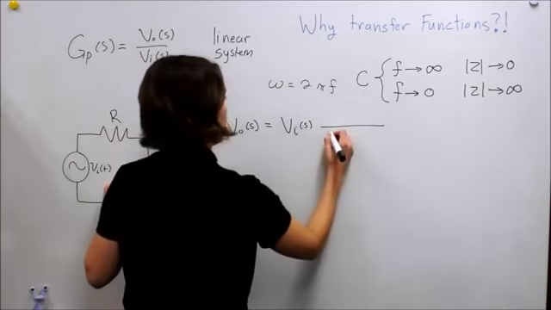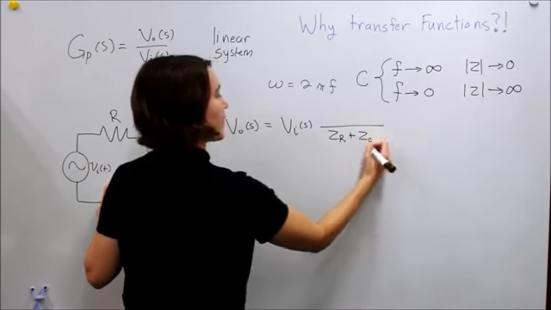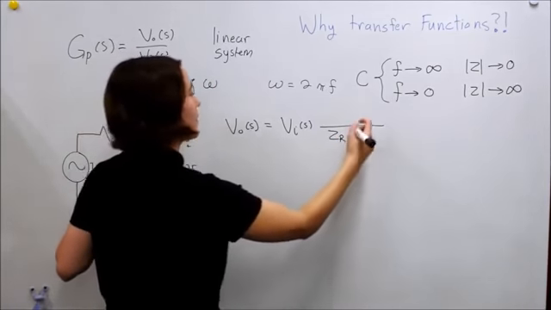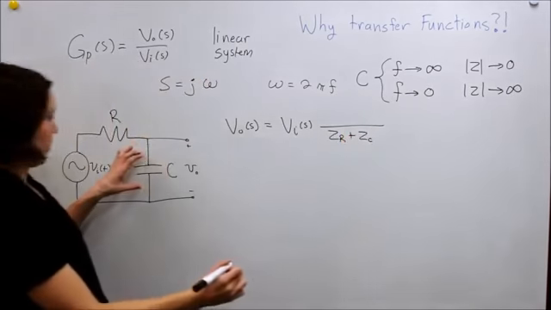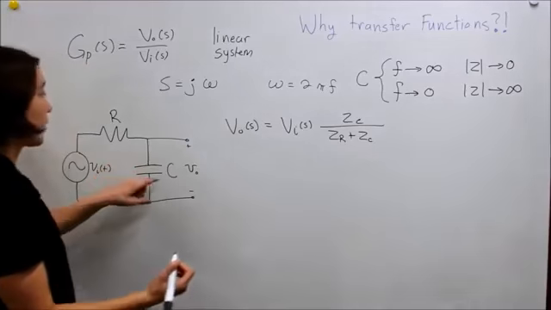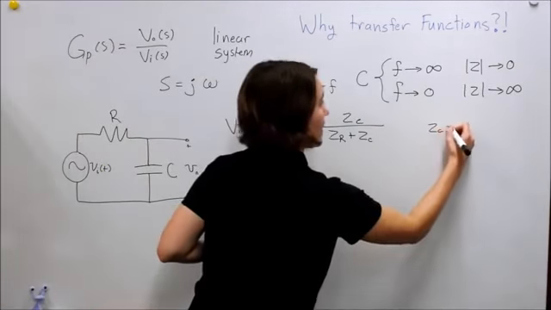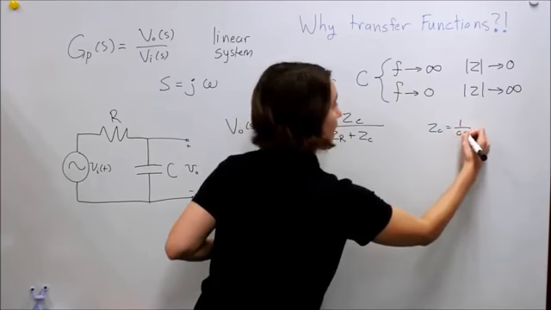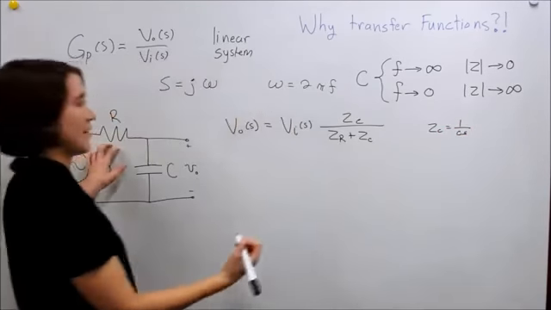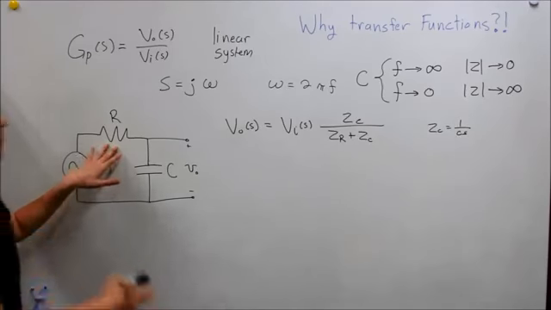So we'll be general first. The impedance of the capacitor over the bottom part, which is the impedance of the resistance plus the capacitor. And we know that the impedance of this capacitor, like we just talked about, is 1 over CS, and the resistance is the same as the impedance for the resistor.